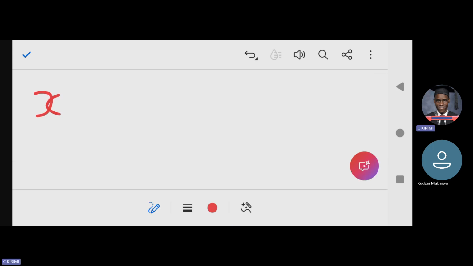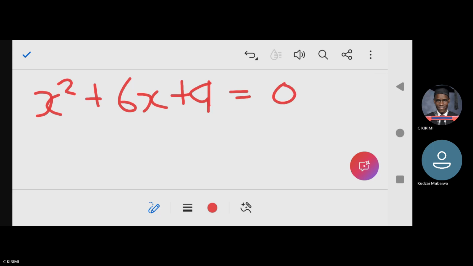So we are having x squared plus 6x plus 9 is equals to 0. How do you solve this quadratic equation? That example that you are given.